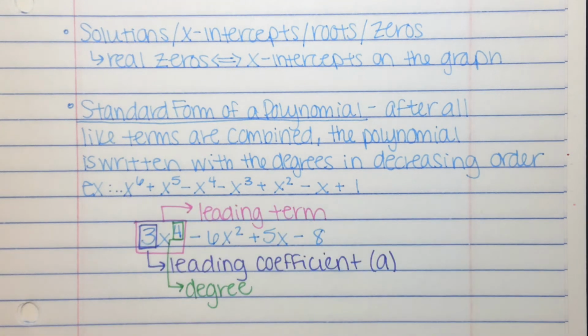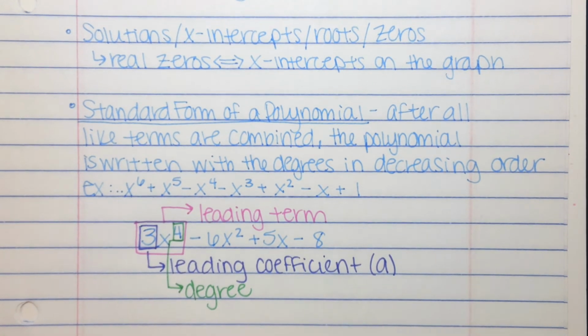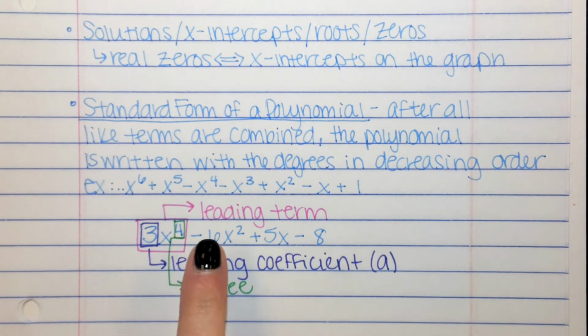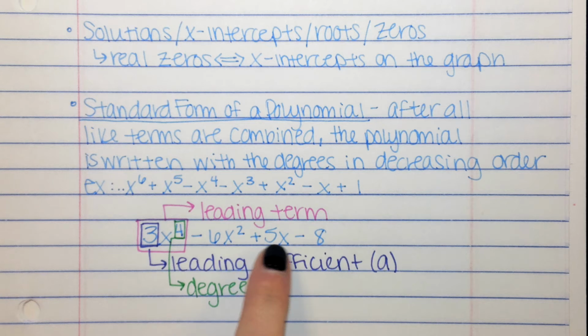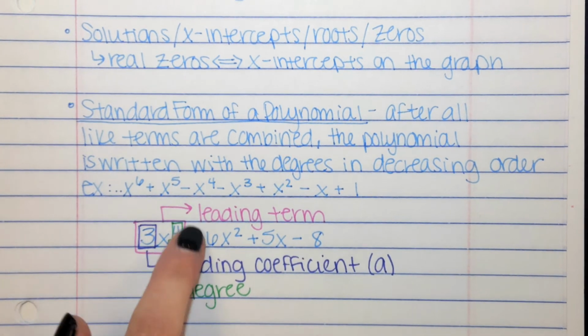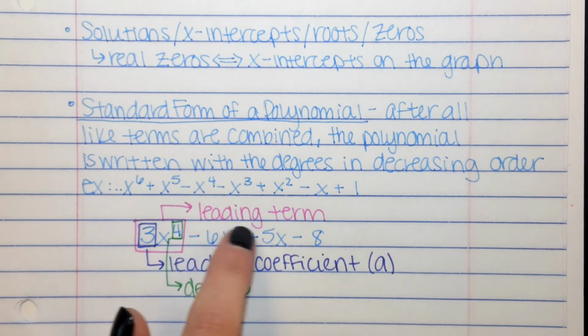Before we move on to some examples, I just wanted to give you a little visual to help you identify important pieces of the polynomial. I just wrote down a sample polynomial, 3x^4 - 6x^2 + 5x - 8. This first term, 3x^4, is the leading term.